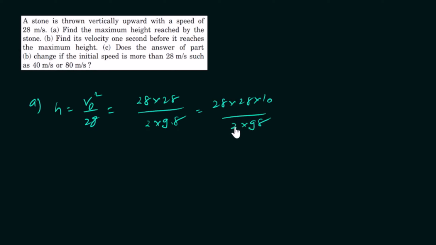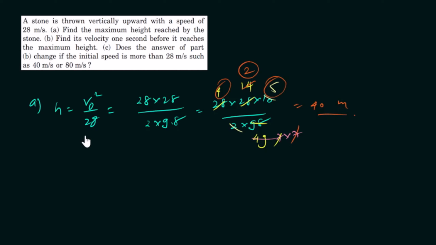Now 49 can be written as 7 into 7, and I can cancel 7 with the 14. Then this is 2, 4 twos are 8, 8 fives are 40. So the maximum height reached is 40 meter, right?